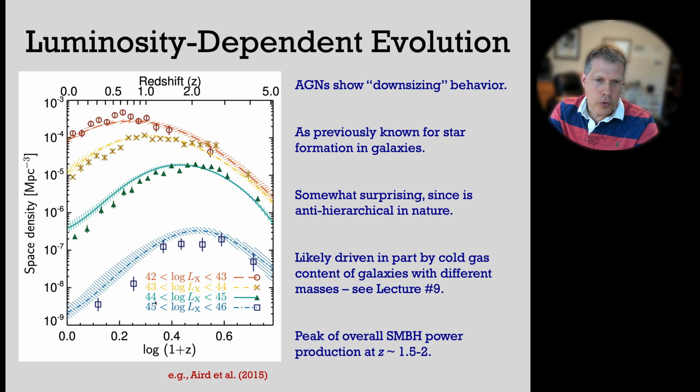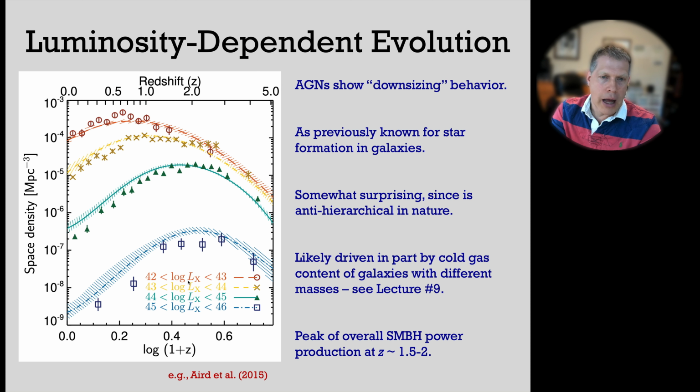If you go then to an order of magnitude lower luminosity, this green curve, well, you can see the green curve peaks a little bit later in cosmic time than does the blue curve. But even at this lower luminosity, the AGNs have declined quite strongly by redshift 0.